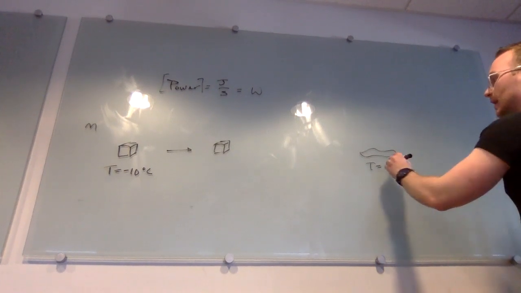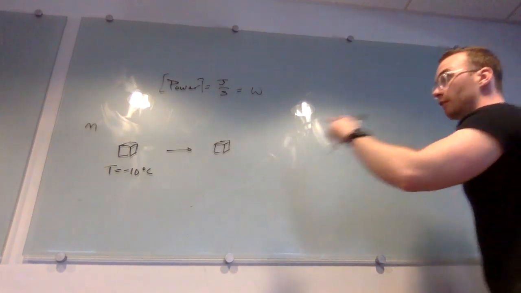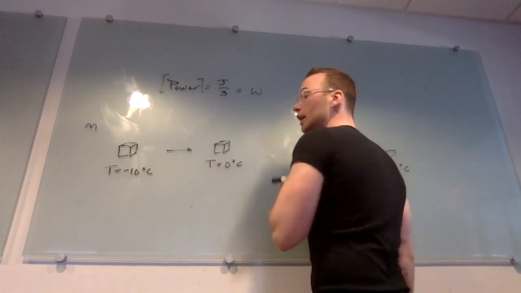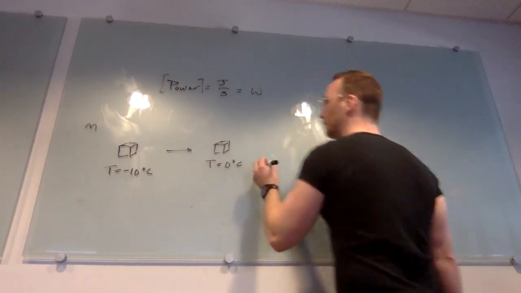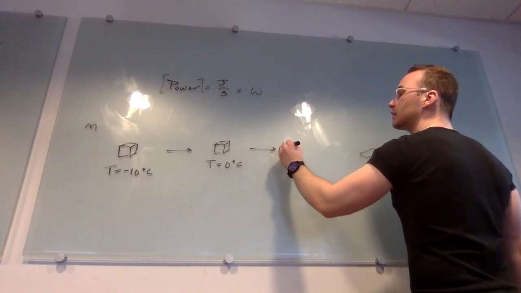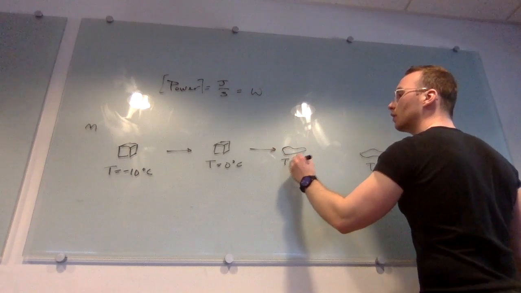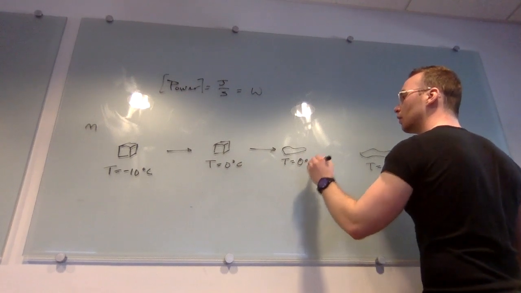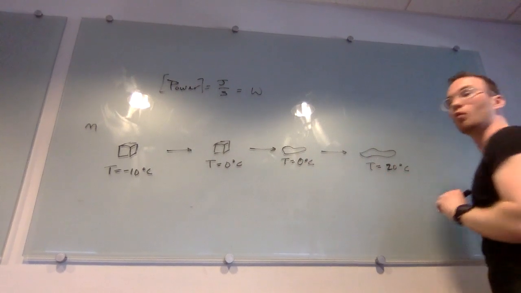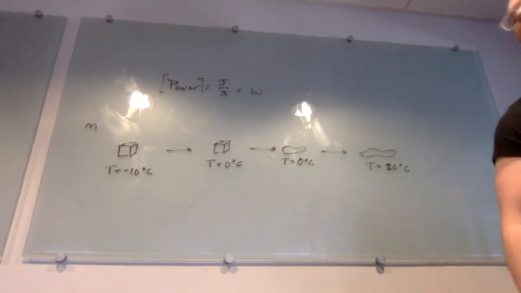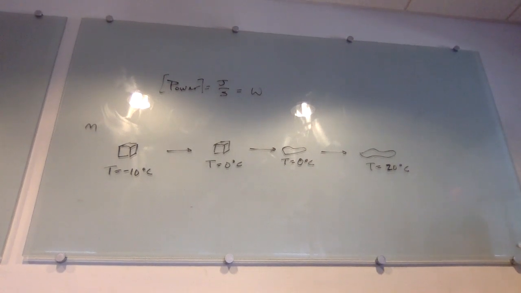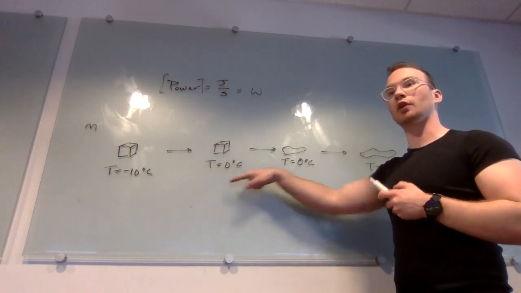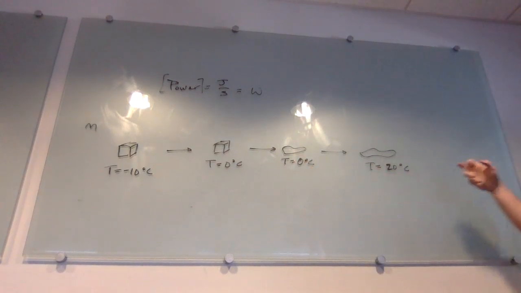So you have to think of this in many stages, right? The first stage is going to be the ice getting to its melting point. Then it's going to melt. And then it's going to warm up. Getting ice from one temperature to another, or water from one temperature to another, is just fine.